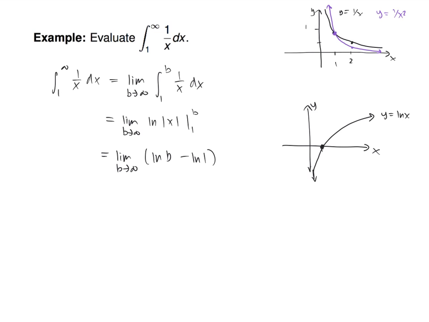Commandment number 3. And it does increase rather slowly, but this function is increasing. So what happens as b goes to infinity of ln b? It goes to infinity. And natural log of 1 is 0, so we have infinity. So this integral does what? It diverges.